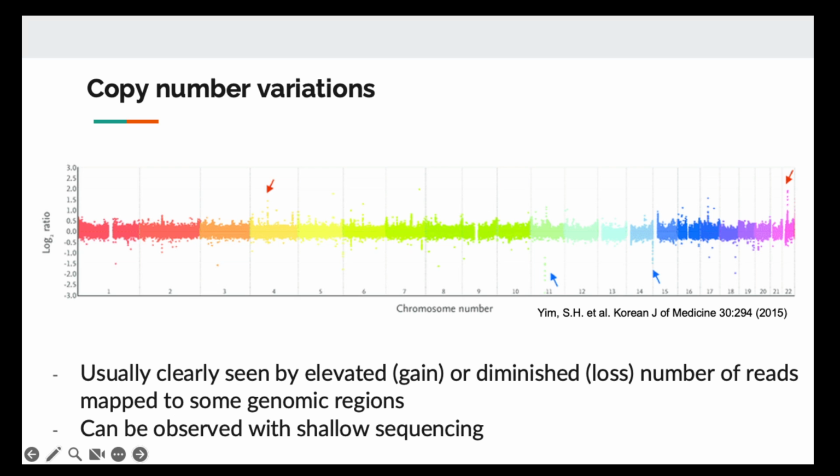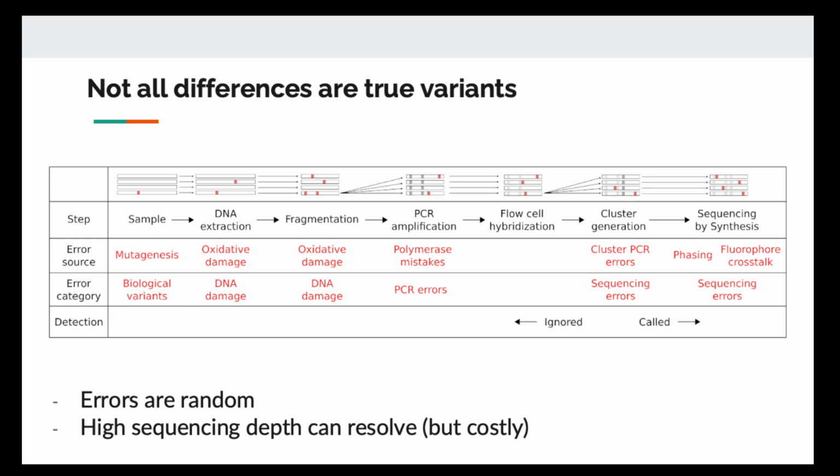The important reason why we need to be careful about calling a mutation is that we might be tempted to say that anything that differs in our sample compared to the reference is a mutation. But we have to be careful because some differences are not caused by mutation. Some could be DNA damage when you prepare the DNA sample.